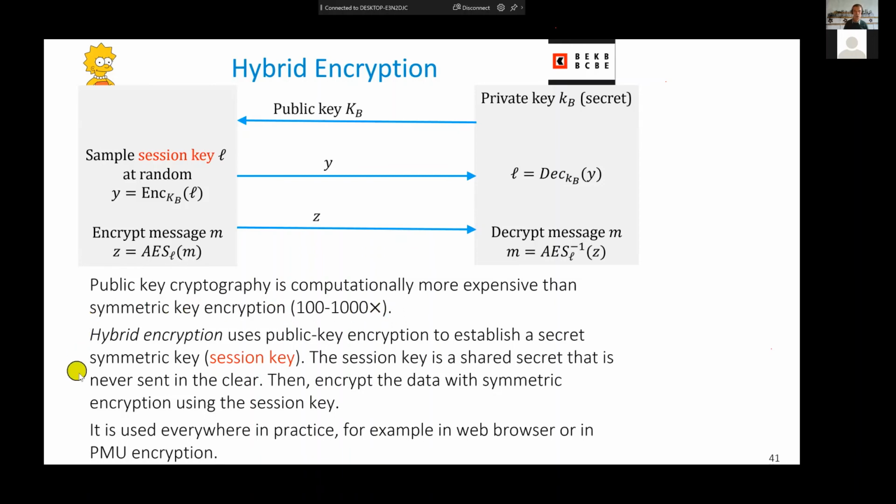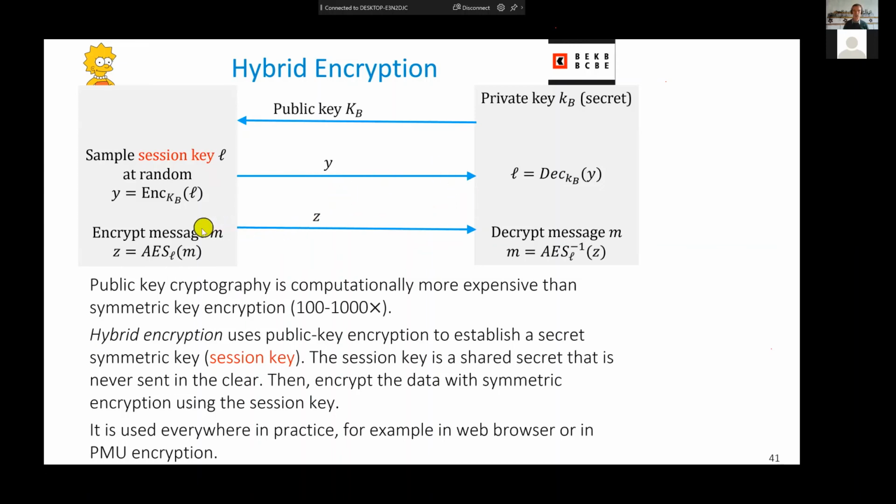This is why most systems today, and that's the case of TLS and HTTPS, use what is called hybrid encryption. This is how hybrid encryption works. We use symmetric cryptography to send all the messages here.